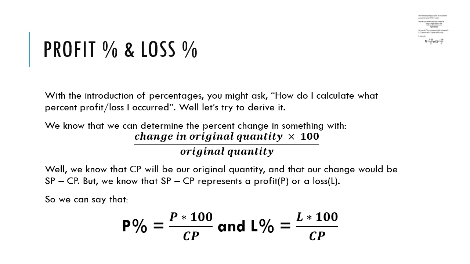Putting this into profit and loss, we know that cost price will be our original quantity and the change would be our selling price minus cost price, which will either give us profit or loss. So we can say that profit percentage is equal to P into 100 divided by cost price and loss percentage is equal to L into 100 divided by cost price.